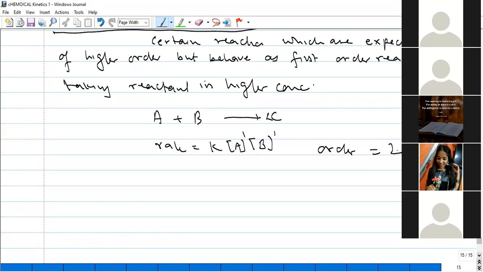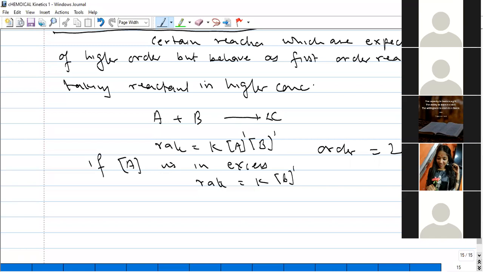But if the concentration of A is in excess, then the rate becomes K[B]. It doesn't depend upon A. So the reaction is of higher order but follows first order because some of the reactants are taken in excess.